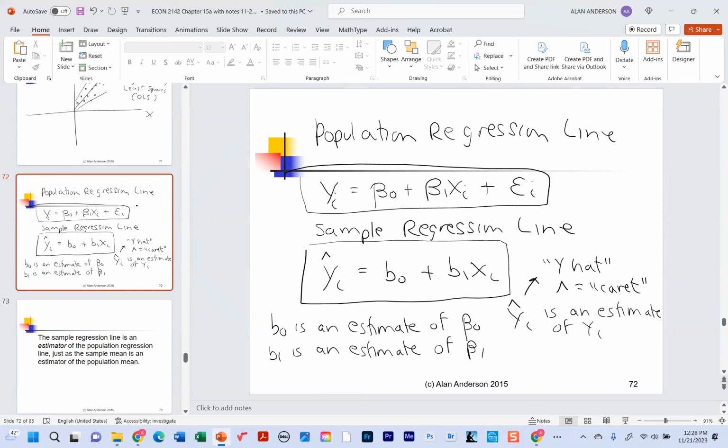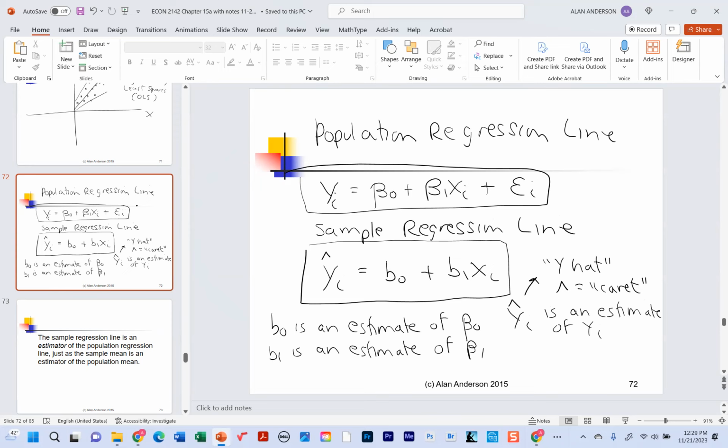The formal name of that symbol is the caret, but y with the little pointy thing is called y hat. You get it? It looks like a little hat. And that is our estimate of the population y. So that's what our sample regression line looks like. When we pop the data into our calculators, this is what we'll be estimating right here. The one on the top is the true population regression line. The one on the bottom is the estimated version.